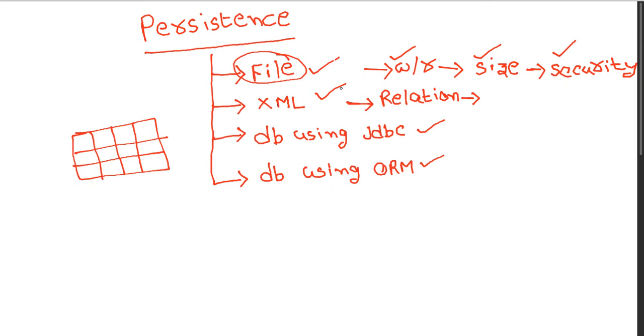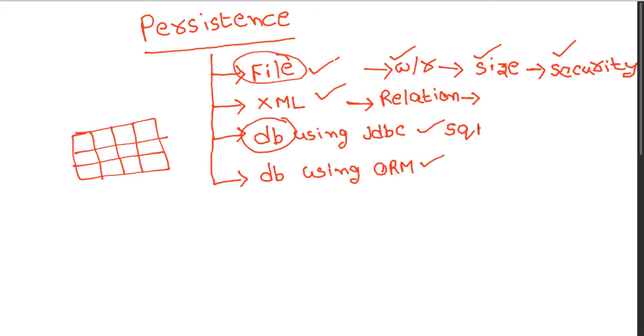If you use a database, the advantage is that the database contains a common query language like SQL, structured query language. If you want to get the data, you can write queries like select queries. If you want to insert the data, you can directly write insert queries.